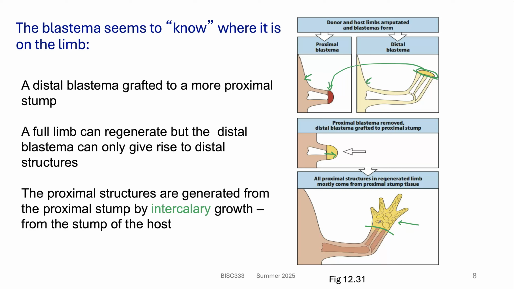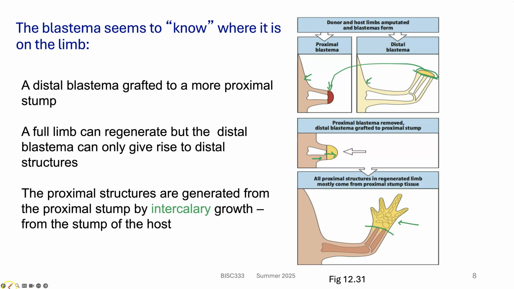So the distal structures. The others come from outgrowth from the stump, which contains the proximal values, and allows for the more proximal to distal generation of all these intervening structures.